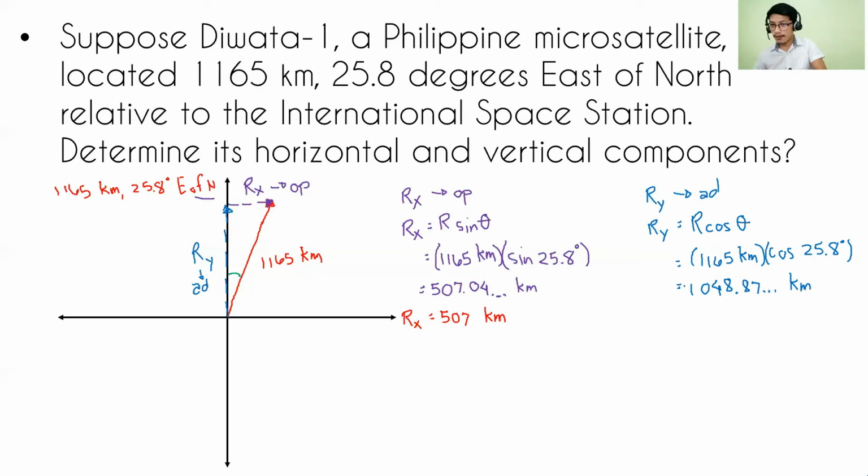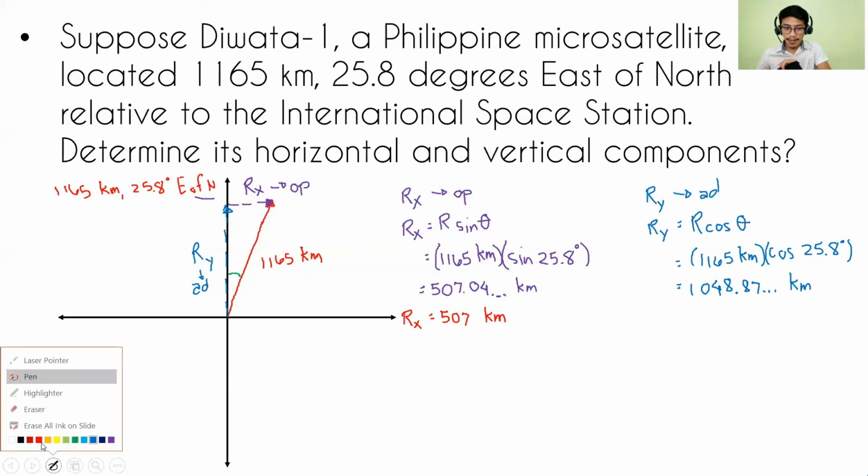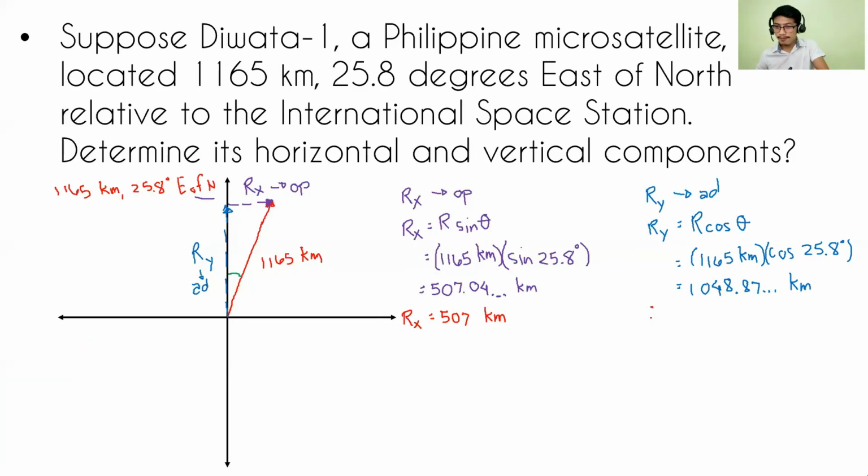So again, we will follow the rules of significant figures. So that means kailangan lang natin is 3. So our final answer will be Ry, 3 significant figures. So si 1, si 0, and si 4. Since that is 8, so this will become 5. Dagdag ka ng 0 as placeholder, kilometers. So that's it. Those are the horizontal and vertical components of our vectors.